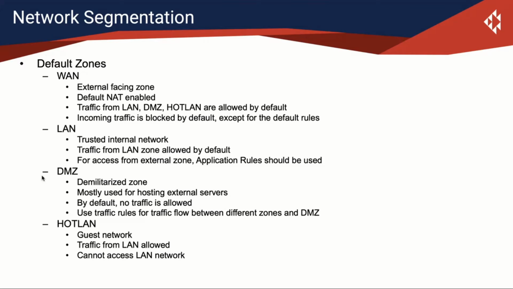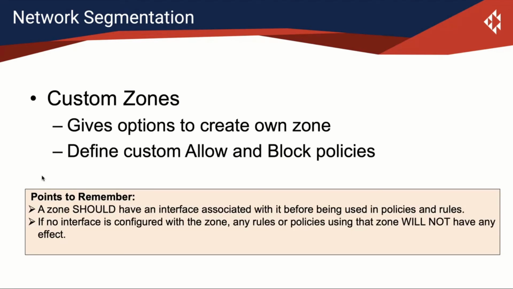The fourth zone that comes up is the hotline zone. This is the guest network. Any untrusted guest that you want to give access to your network, you have the hotline zone there. Traffic from LAN to hotline is permitted, but from hotline, it cannot access any other traffic except the external zone.